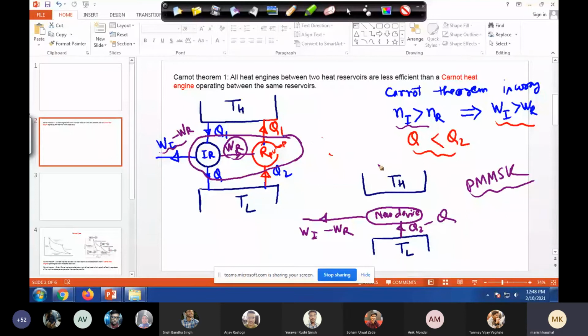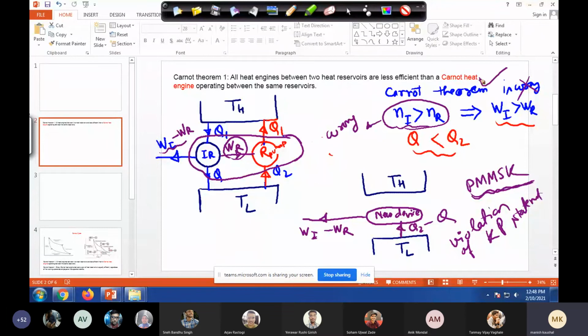So our claim was false, due to this violation of the Kelvin Planck statement, or you can say this is a perpetual motion machine, which is not possible. If our claim was wrong, then the Carnot theorem is not wrong. The Carnot theorem is right. That's how we prove it.